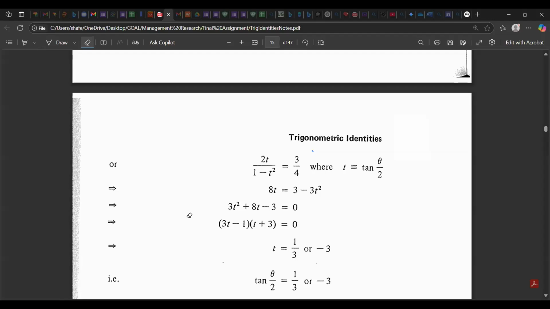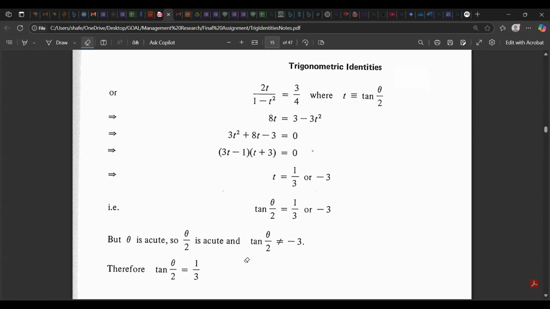So remember, t is theta over 2. So we have two values for tan of theta over 2, 1/3 or minus 3. Notice this little note here now. They told you at the beginning, theta is acute. So that value of minus 3 is invalid.